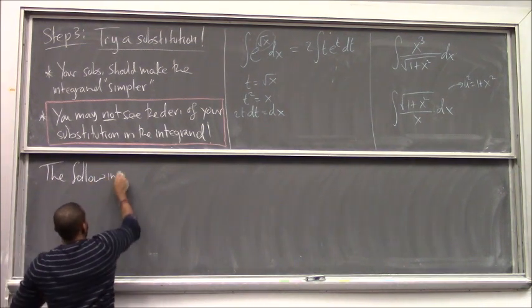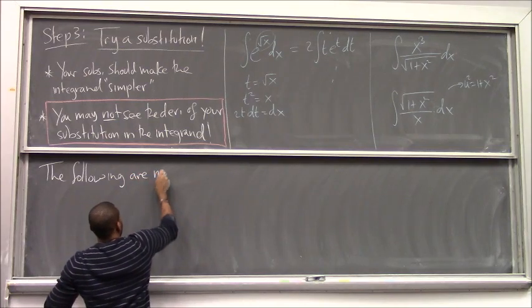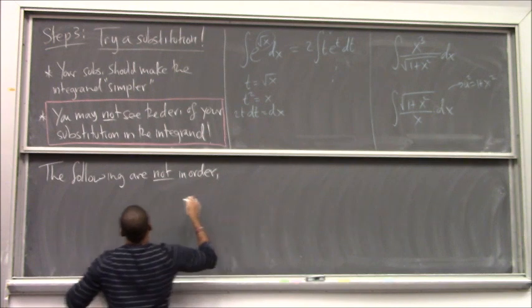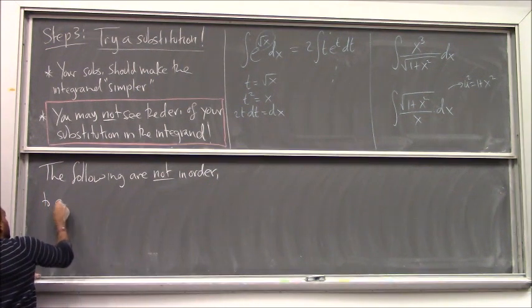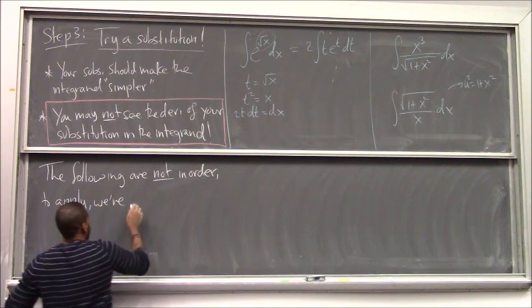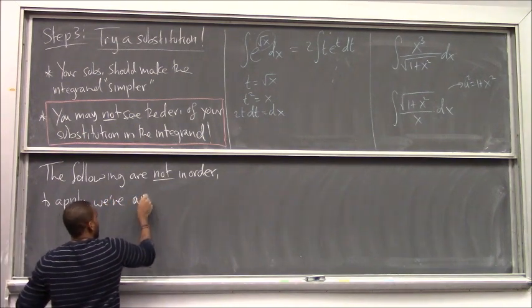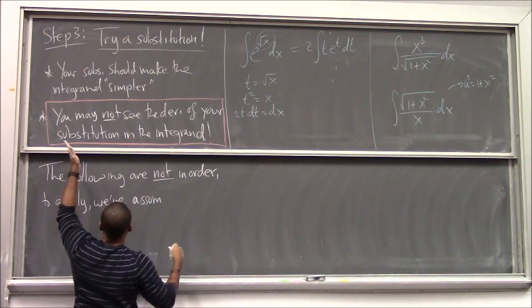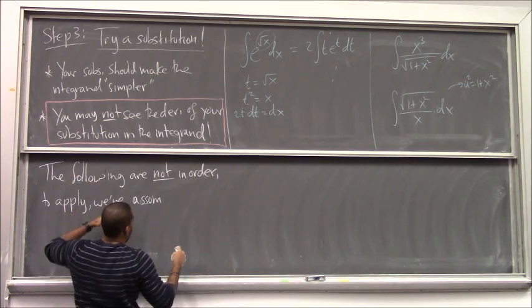However, the following are not in order. And to apply, we're assuming the first 3 steps don't work. Right? So everything I say here, this is under the assumption that steps 1 through 3 did not work, which is why we're here.